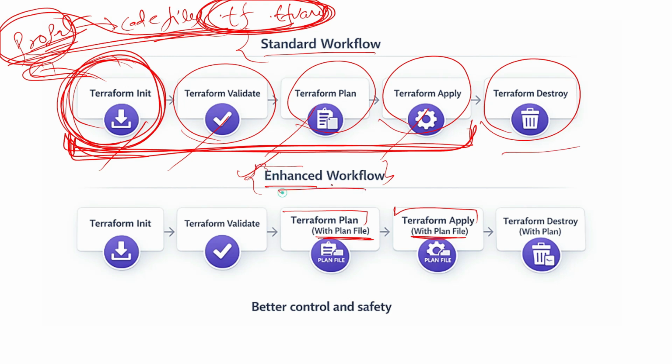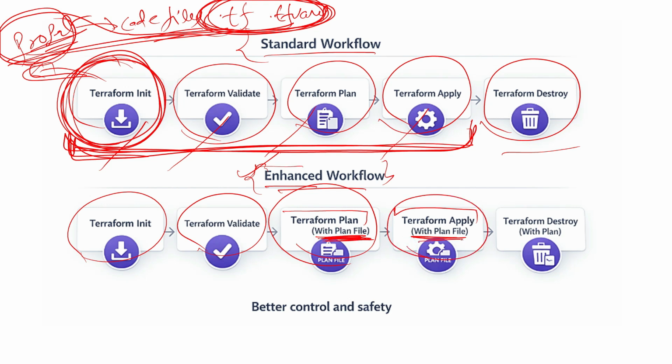Similarly, in the enhanced workflow, you have the same workflow. You have to initialize, you have to validate. Then when we run the Terraform plan, we specify a plan file name. Because we have specified the plan file name, while applying you can specify the same plan file name which we created with the Terraform plan. And there is a specific benefit of that.